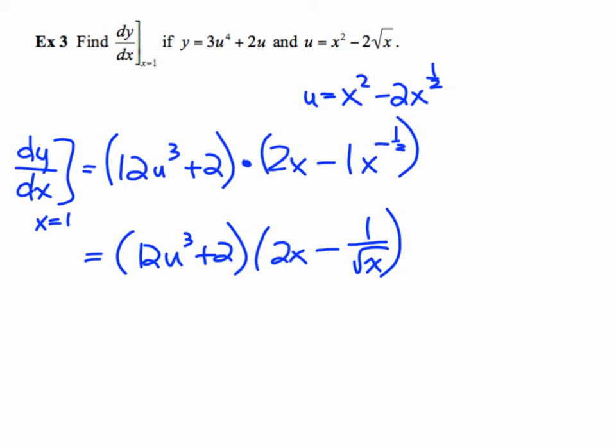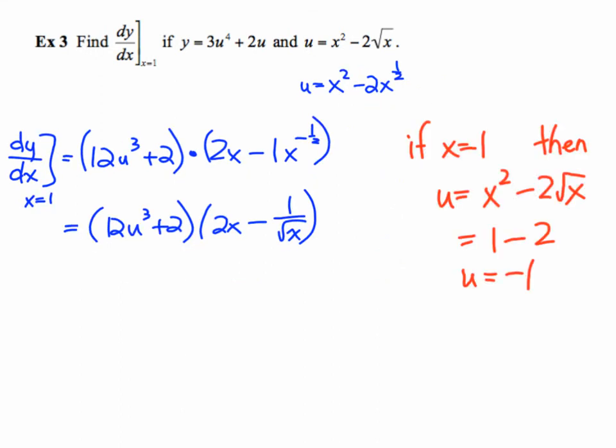Now I still have two variables in this question. I have u and I have x. But according to the question, I said x equals 1. So if I sub in x equals 1 into what u equaled, I'll get a value for u.